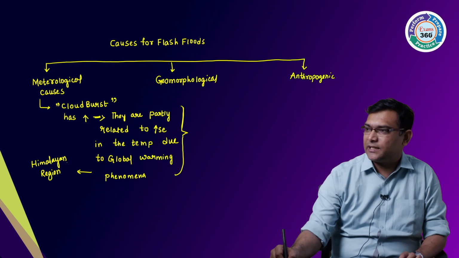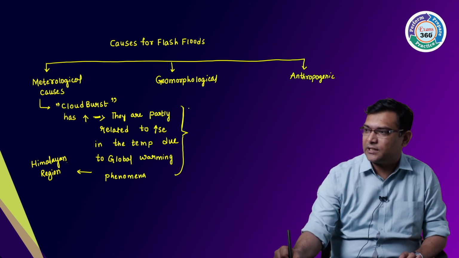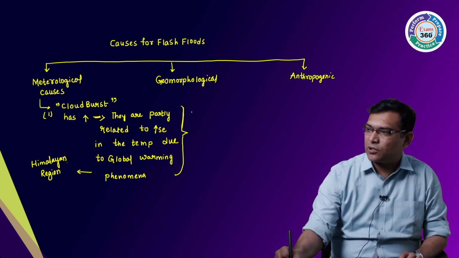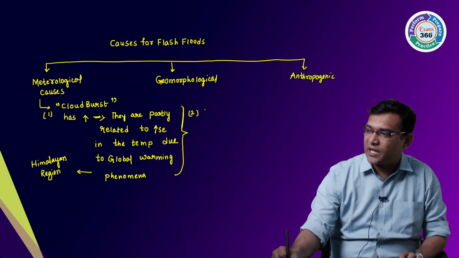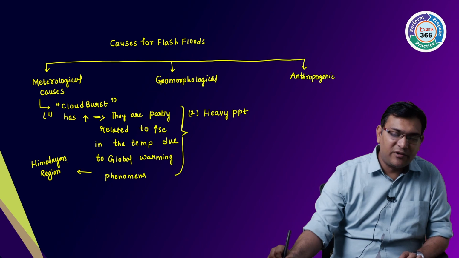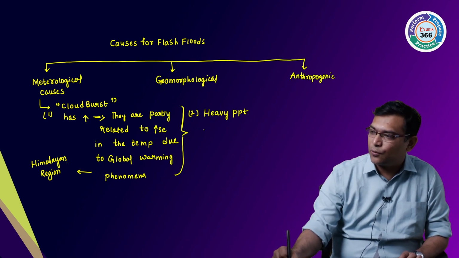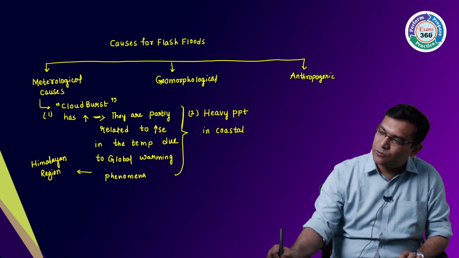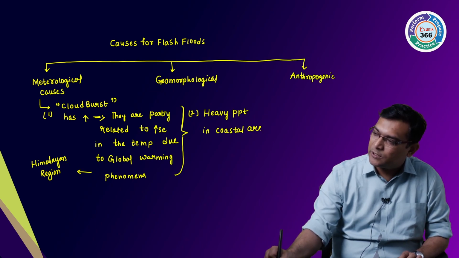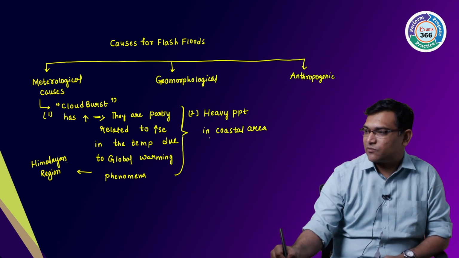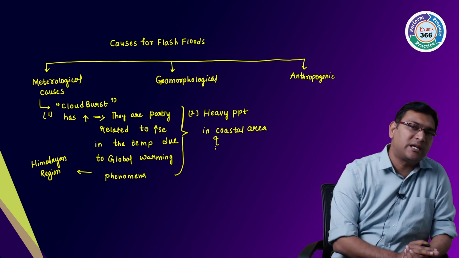Then the second thing among the meteorological causes is heavy precipitation, particularly in the coastal areas. Why heavy precipitation in the coastal areas?